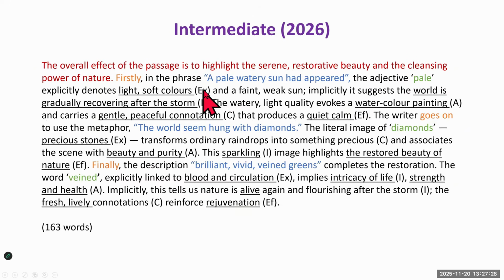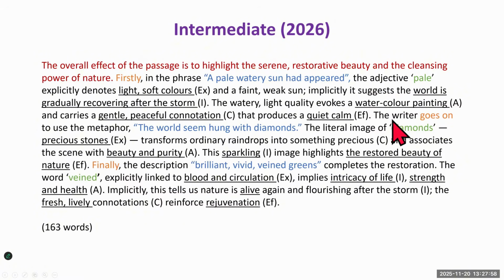EX means explicit, I for implicit, A association, C connotation, EF for effect. Implicitly, it suggests the world is gradually recovering after the storm. So all these are from the table. The watery light quality evokes a watercolor painting and carries a gentle, peaceful connotation that produces a quiet calm.